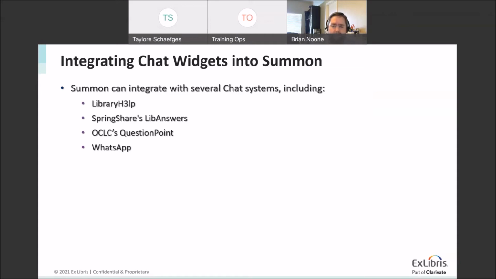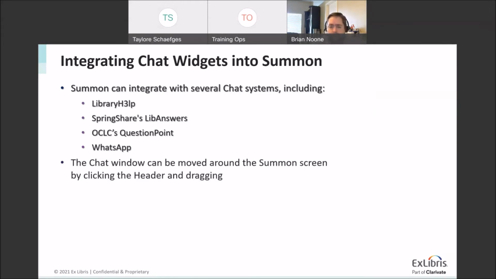And a nice addition that we made, I think in late 2020 or during 2020, is integration with WhatsApp. So if you don't have a commercial chat system, this is a way to integrate a chat mechanism, without incurring a real cost to the library. So it's a nice option.